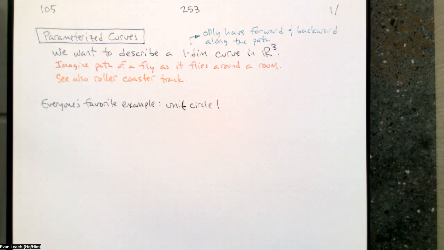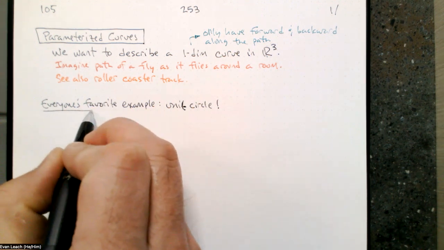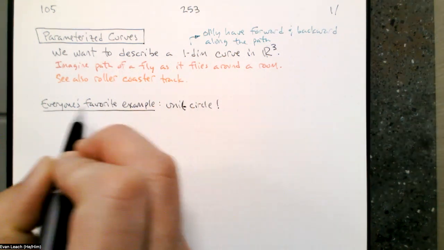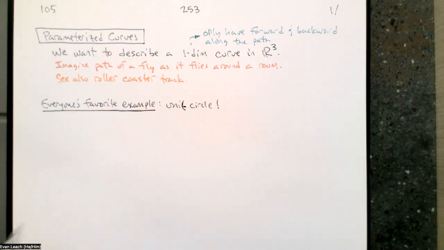It's the one that we almost always use for an example of parameterized curves. This is because it's super familiar. We know we can describe the unit circle with cosines and sines. That's like the basis for trigonometry.